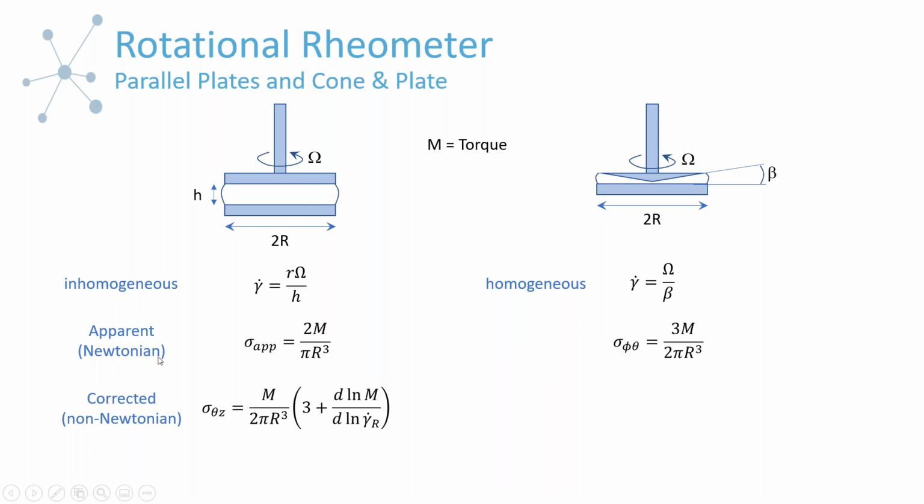a Newtonian fluid, we can define something analogous to our apparent values, and that being an apparent stress. If it is Newtonian, then this is perfectly valid. And again, we're just using the tool geometry, the radius of the tools, and the torque that is required to rotate at some particular angular velocity.